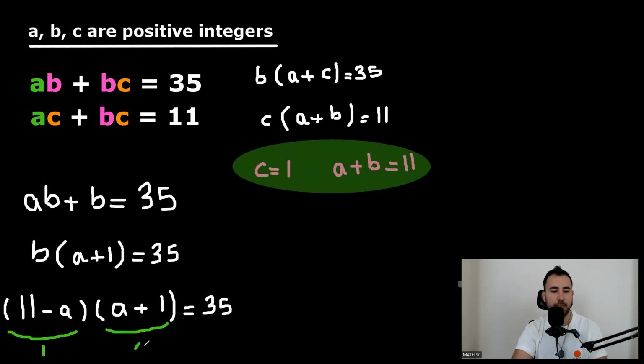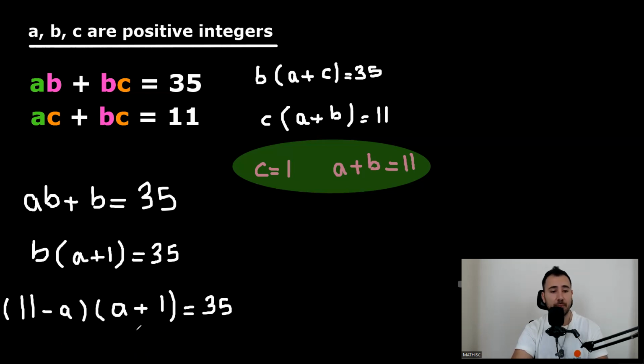Well, in this case, A would be 34, but then this would be a negative value. So not quite right. Is it possible for this one to be 35 and this one 1? Then in this case, A needs to be negative 24, which again is not quite possible.